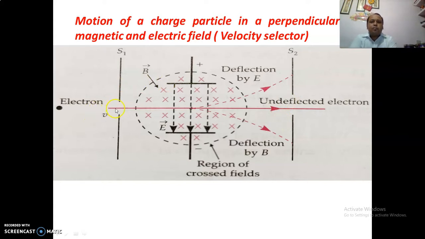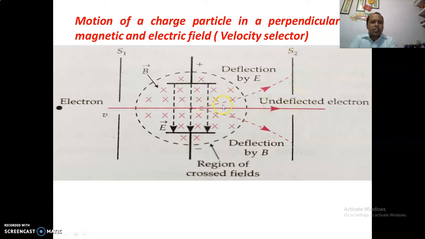Now when the charged particle enters here, these slits S1 and S2 are at the same level. So we will find that a specific charged particle having a specific velocity will be undeflected by the electric and the magnetic field, and it will come out straight and pass through the slit S2.